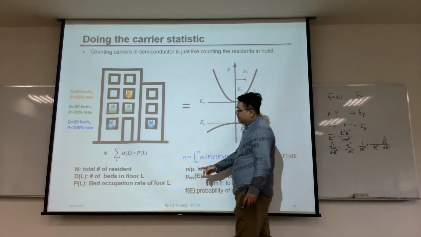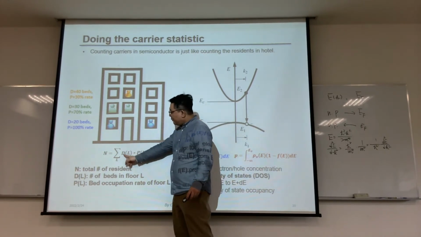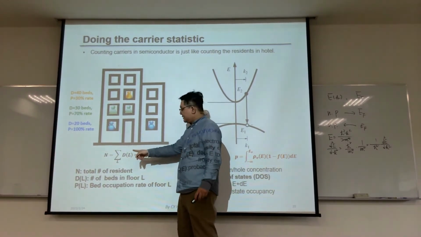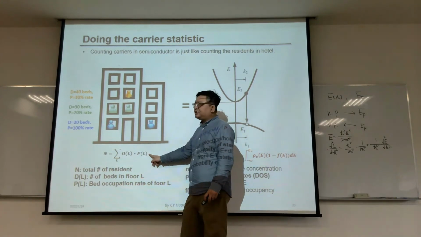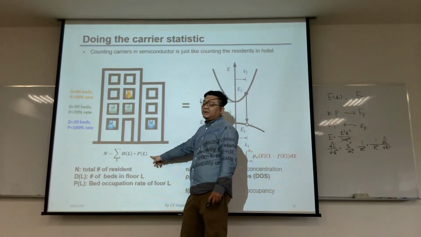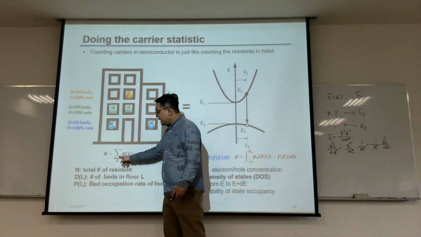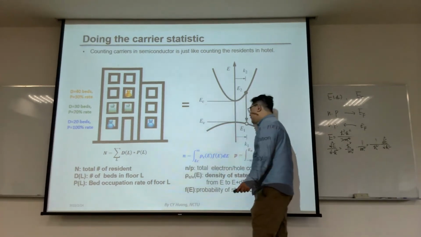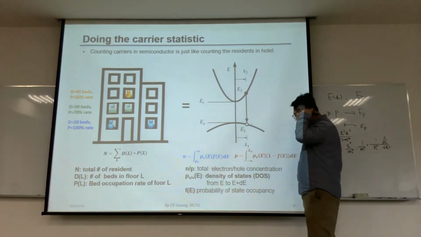Surely you just multiply how many beds are in each layer by how much is populated by residents, then sum it up. So for the electron, it's the same case.